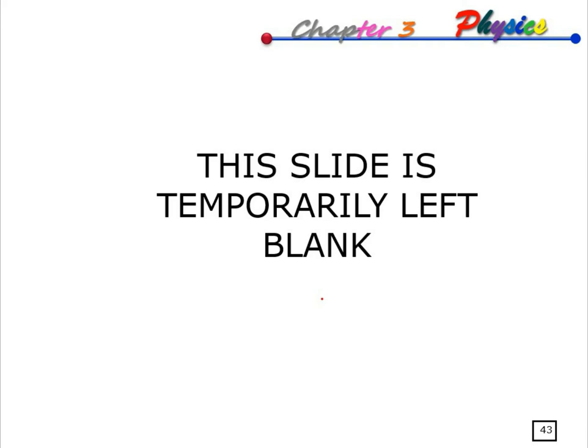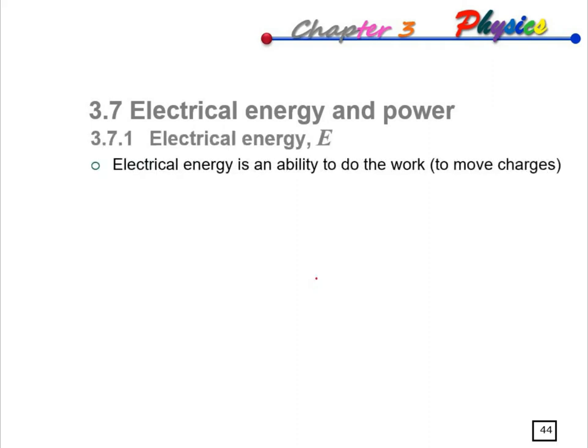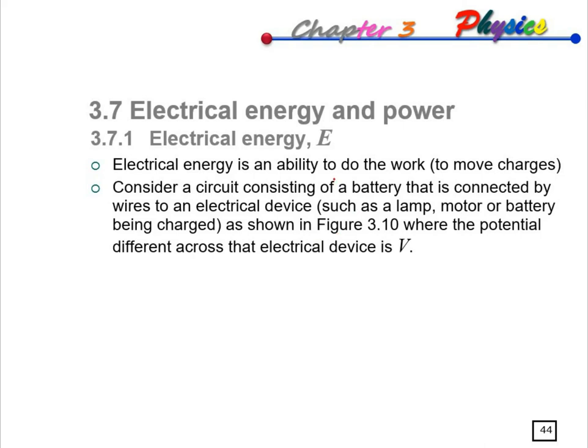Now I'm going to continue our lesson with subtopic 3.7, which is electrical energy and power. First, we need to identify the meaning of electrical energy. Electrical energy is the ability to do work or to move charges.